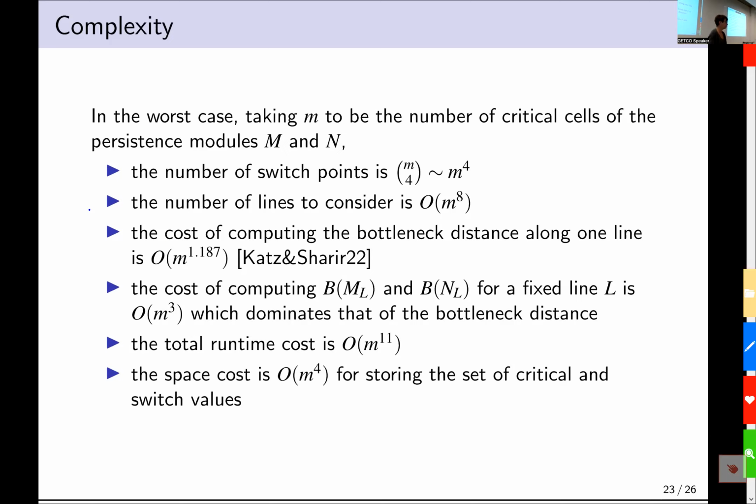They use a different way of computing the exact matching distance. But our hope is that by reducing the number of values to the critical values, this m can be small enough.